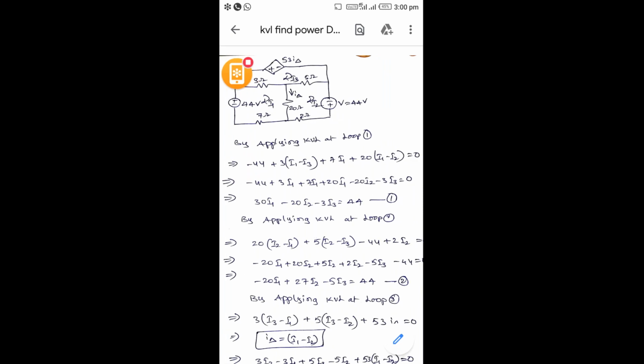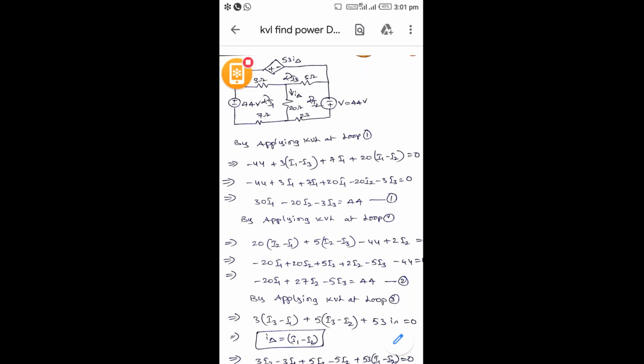Simplifying, minus 44 plus 3 I1 plus 7 I1 plus 20 I1 minus 20 I2 minus 3 I3 is equal to 0. Adding the I1 terms, 3 plus 7 plus 20, finally 30 I1 minus 20 I2 minus 3 I3 is equal to 44. That is equation 1.